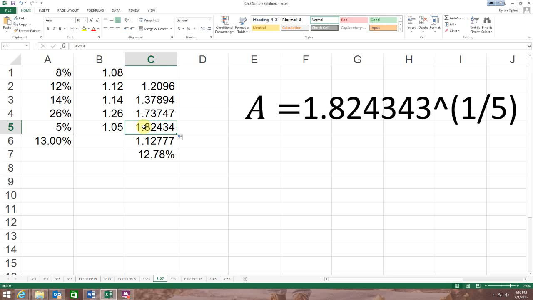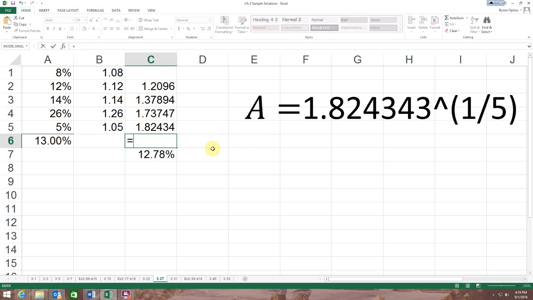Well, how do I do 5th roots? And actually, there probably is a function there. I'm not sure I've even looked for that. One of the reasons I haven't is because it's fairly easy to do it using the little tent thing there that's above your number 6. And so what I do is simply this.